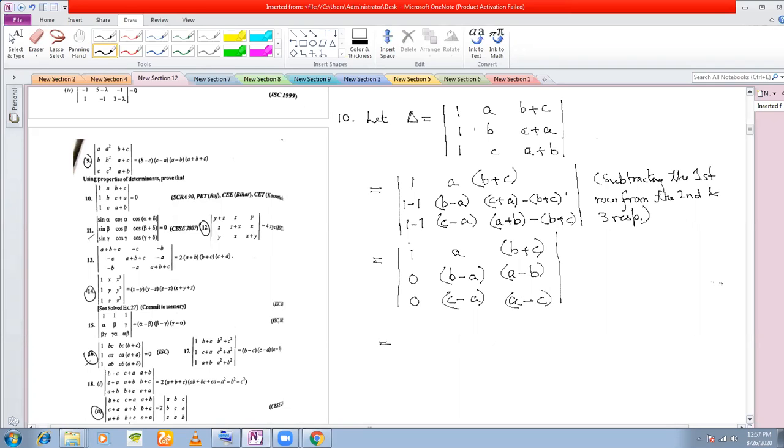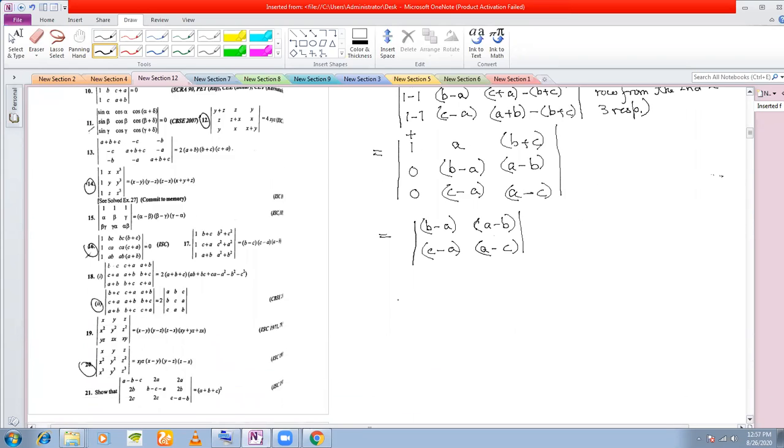If we expand by the first column, this is our plus position. So it will remain plus 1, which we don't write obviously. B minus A, minus B, C minus A, minus C, A minus C. You've got this determinant. Now you can find out very easily.